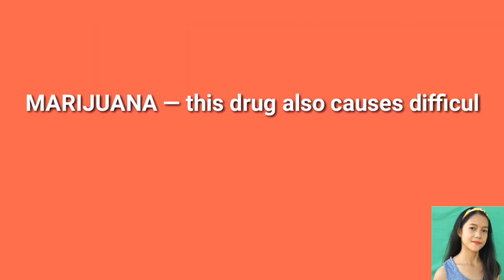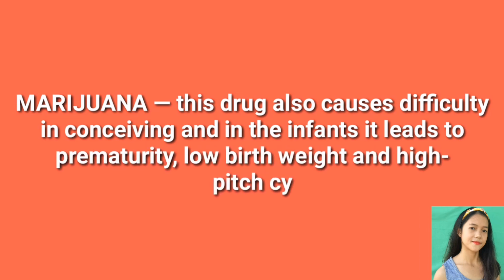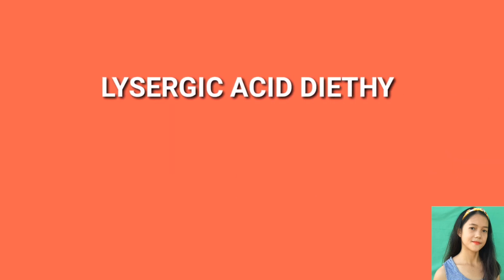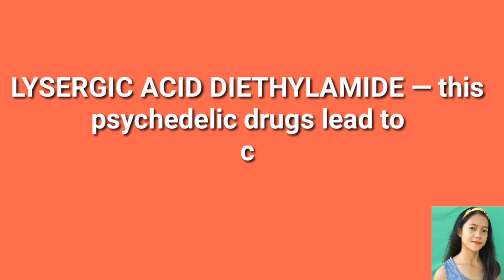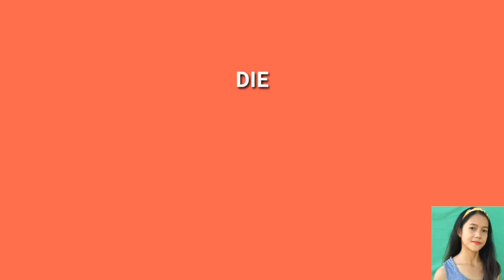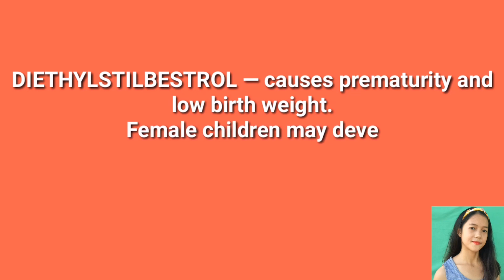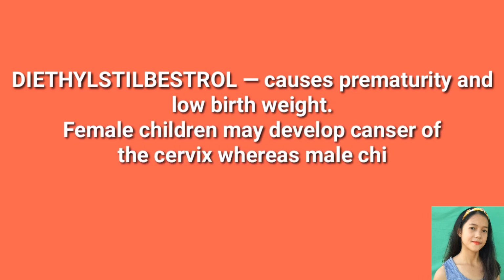Marijuana. This drug also causes difficulty in conceiving, and in the infant, it leads to prematurity, low birth weight, and high-pitched crying. Lysergic acid diethylamide. This psychedelic drug leads to chromosomal breakage. Diethylstilbestrol causes prematurity and low birth weight.